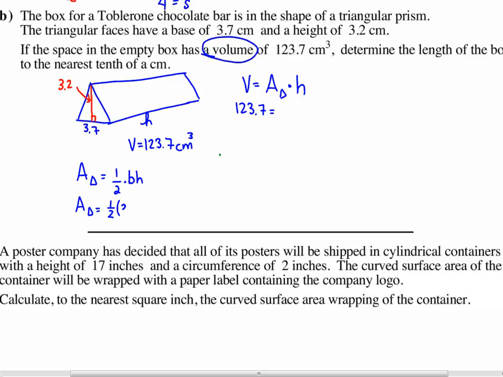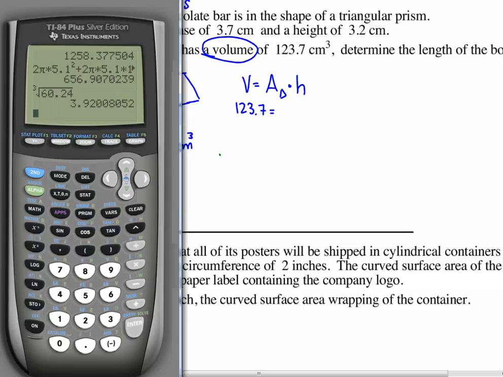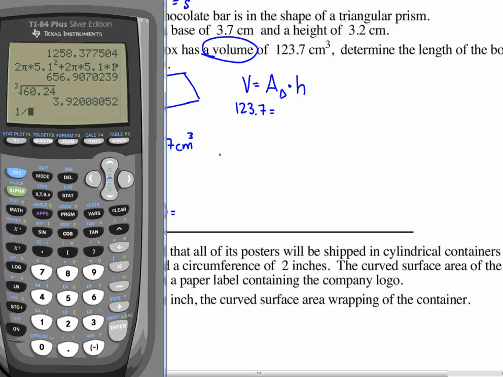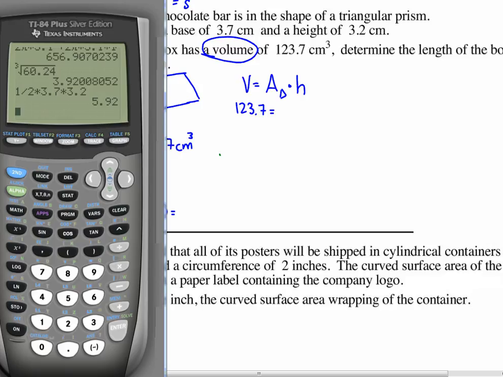So 3.7 times 3.2 divided by 2. This is our last question, if that makes you feel better. Okay. 1/2 times 3.7 times 3.2 gives us 5.92.